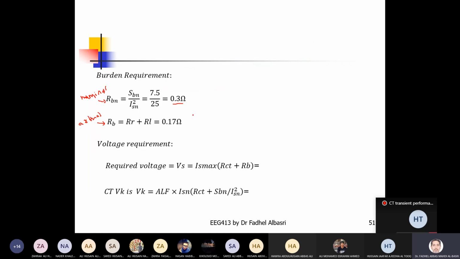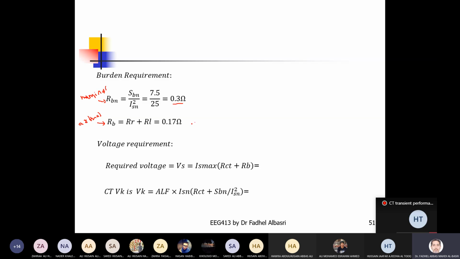Okay. Now, is the burden suitable, Shabab? Can we check, is our burden 7.5 volt ampere suitable for this application or not? Anyone can answer. Is it okay or not? It's okay, good.